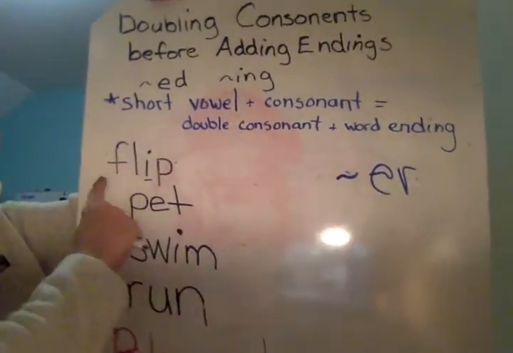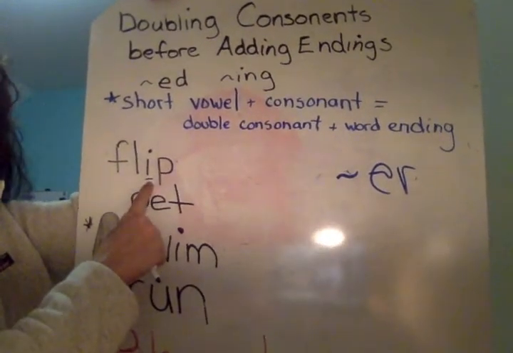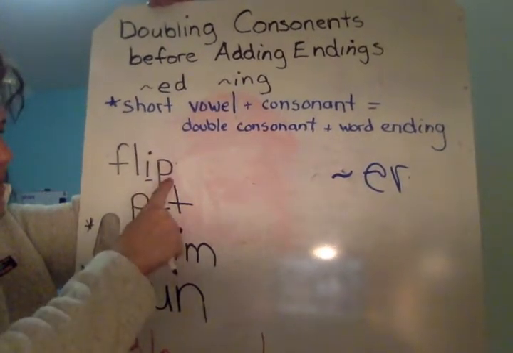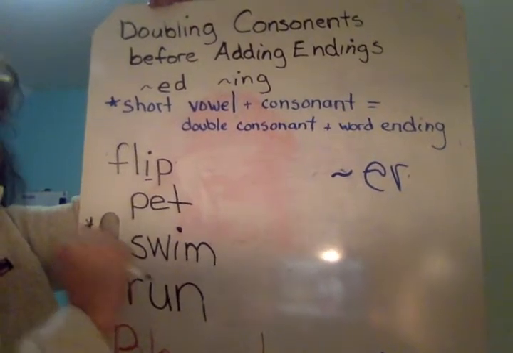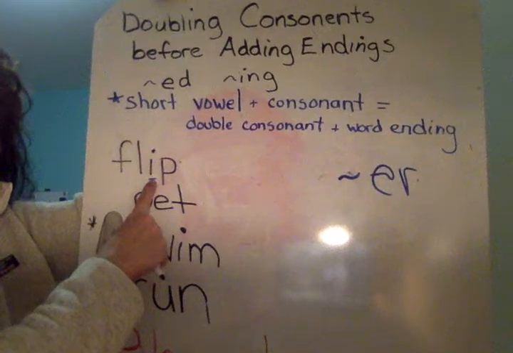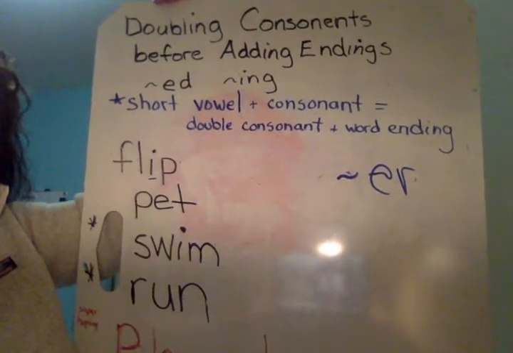So let's try the first one, flip. The vowel is right here. It's an I. Short I sounds like I. And then we have a consonant. So flip, flip. So we would have to double that consonant and add our word ending to be able to change the word.